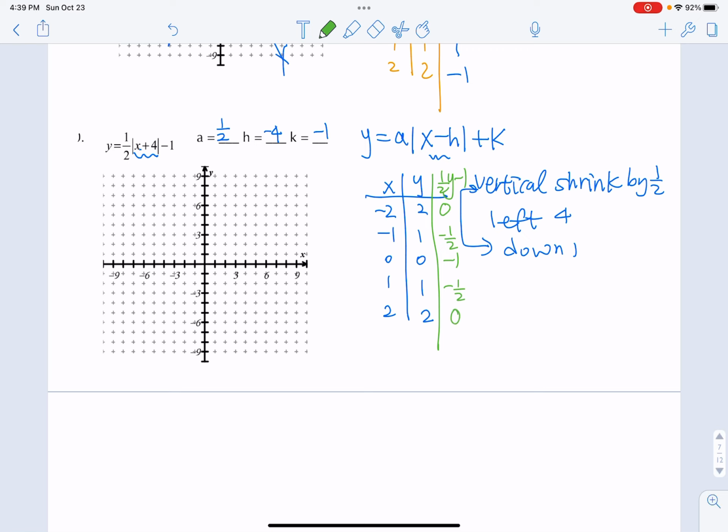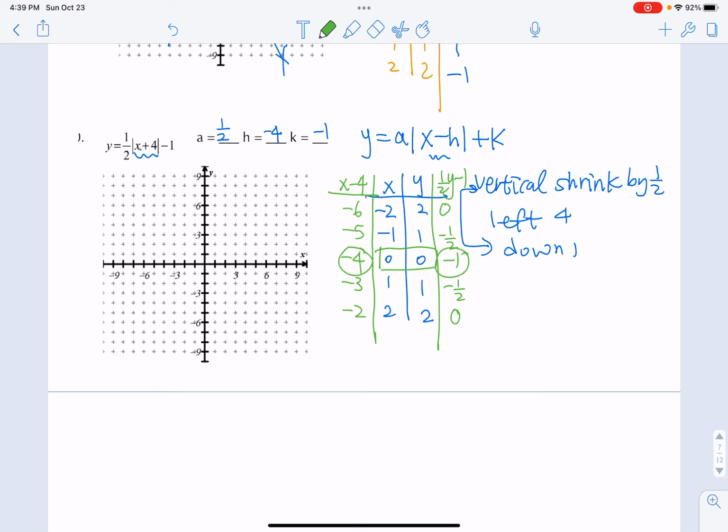And then the x value moved left 4, so you have to find x minus 4. -2 minus 4, -6. -1 minus 4, -5. 0 minus 4, -4. 1 minus 4, -3. 2 minus 4, -2. So the 0, 0 vertex becomes -4, -1.